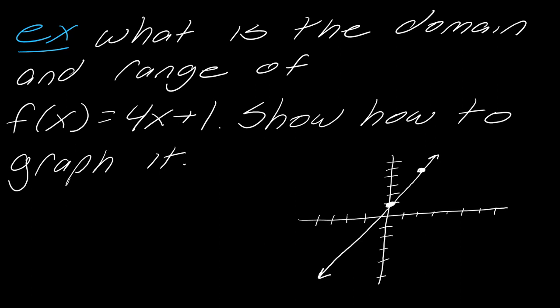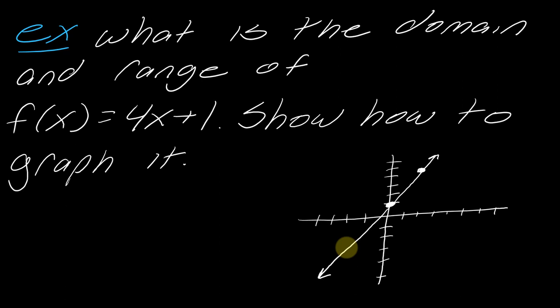I talked about in another video how to find the domain and range, so I'll drop a link to that in the description. Domain and range is just a concept that comes up with all functions. What we're really concerned about with domain is how far to the left and how far to the right this line goes. It really just goes in both directions forever. It goes to the left and right forever, and it goes up and down forever.